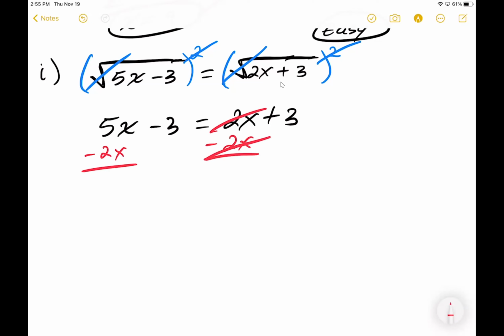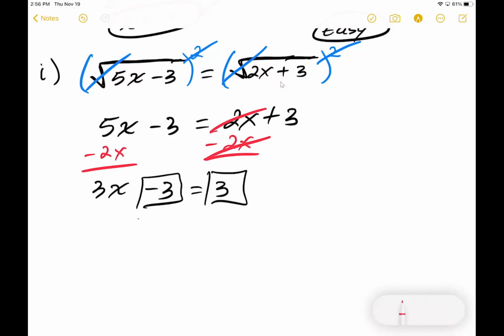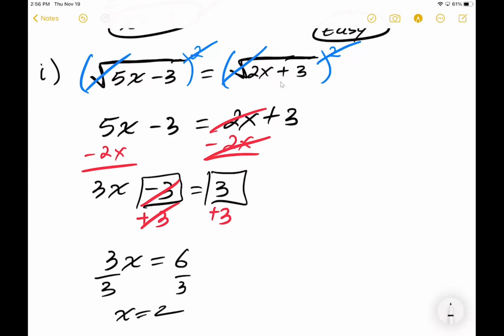My new problem is 3x minus 3 equal to 3. That's a lot of 3s. But please do not jump the gun. Do not say this negative and this positive cancel out. In order to get rid of the negative 3, we need to add 3. If you add 3, 3x equal to 6, divide by 3, your x is equal to 2.